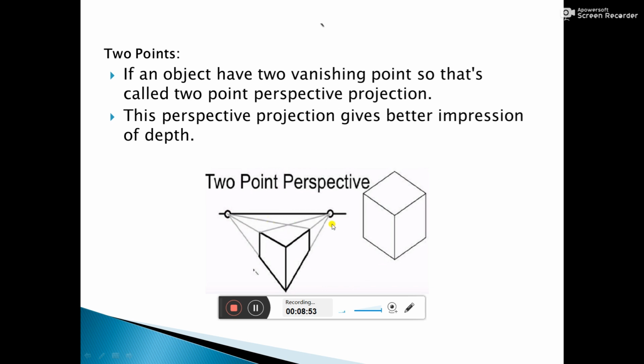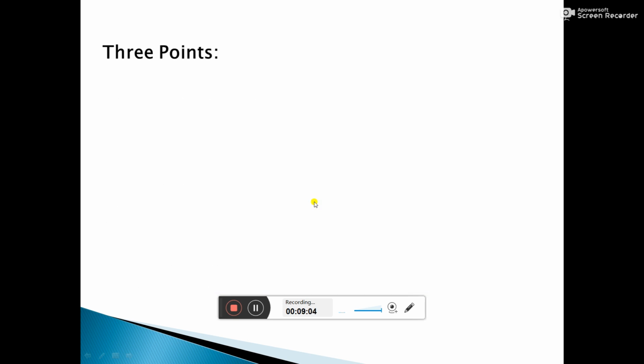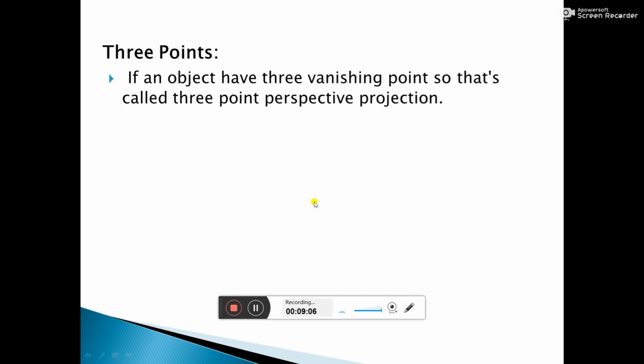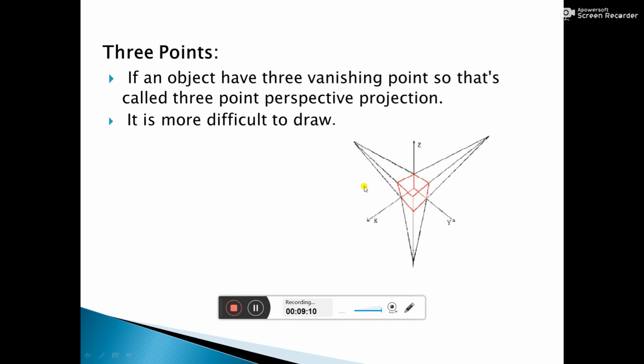This perspective projection gives a better impression of depth. See this diagram, it has two vanishing points. Next one is 3 point. If an object has 3 vanishing points, that is called 3 point perspective projection. It is more difficult to draw. See this diagram. This diagram contains 3 vanishing points.